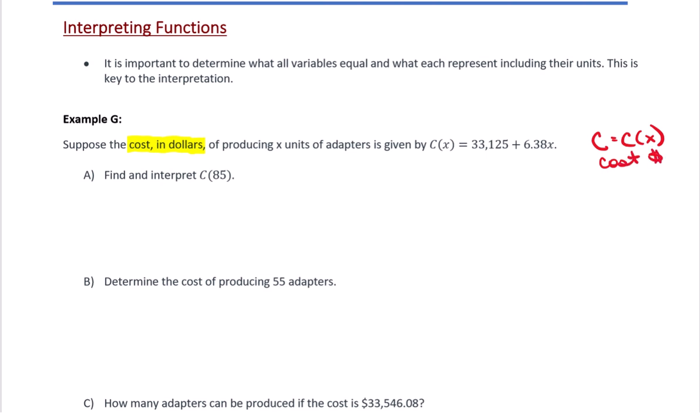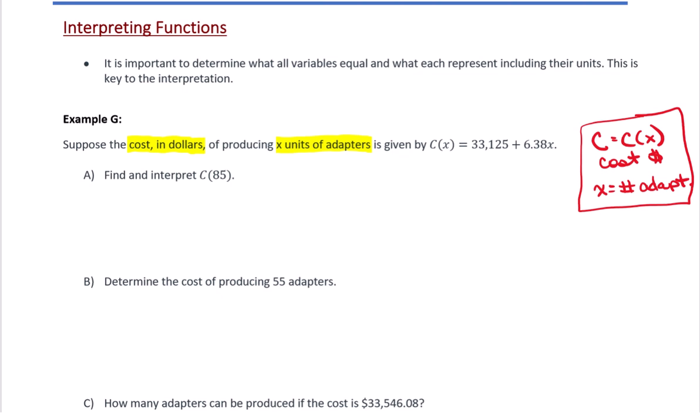So when we talk about it, we need to either use the dollar sign or use the word dollars. And then it also says producing x units of adapters. So that means that our x represents the number of adapters. So you can always write yourself kind of a little key. This will help you in interpreting.